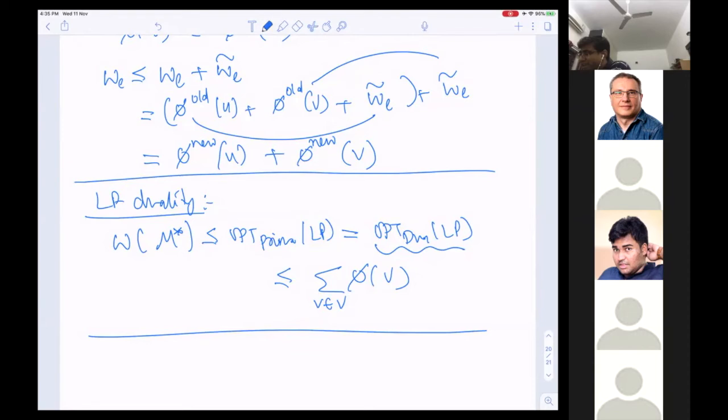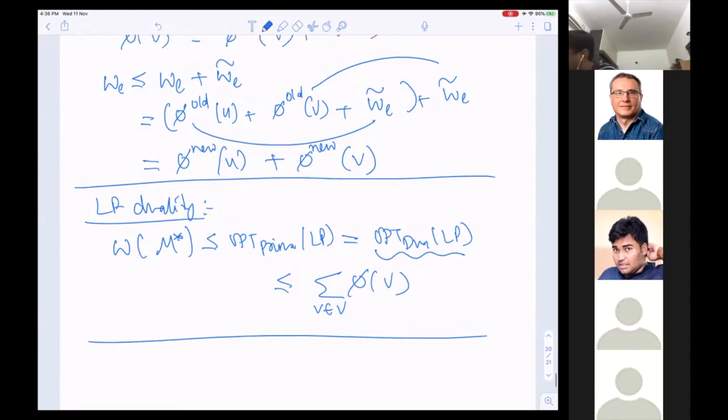Now, this tells us that these potentials provide a lower bound on, say, weight of M star. So if we are able to bound our matching in terms of these potentials properly, we will have a good result.